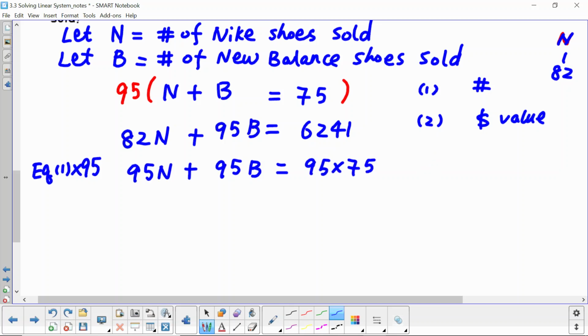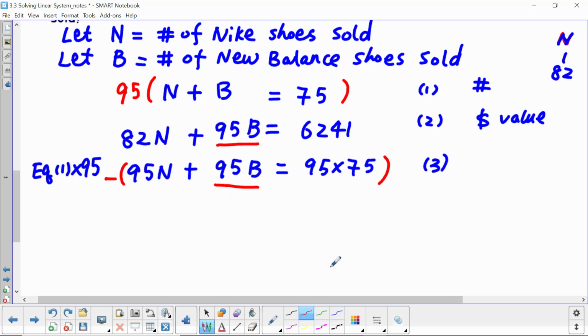This is equation 3. Then we are going to see this one, 95b, they are the same. We are going to subtract.